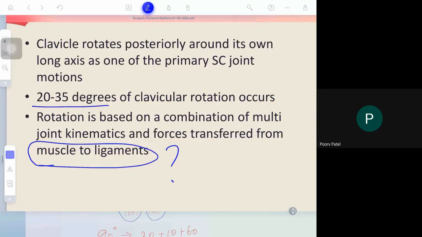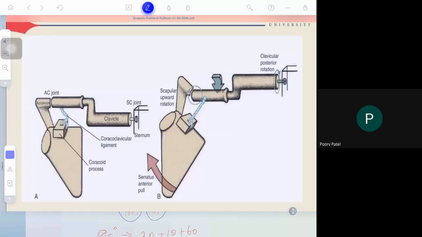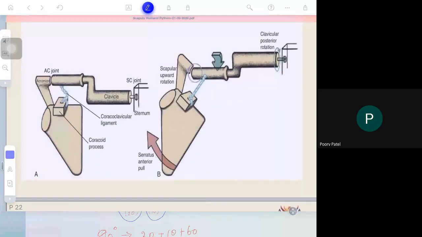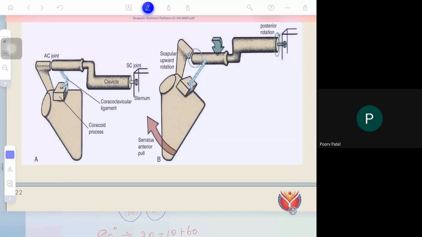20 to 35 degree rotation occurs. So now you see this point. Again, this is taken from the Neumann Kinesiology book. You go through this diagram. This is neutral position, and in this one the scapula is in upwardly rotated position.